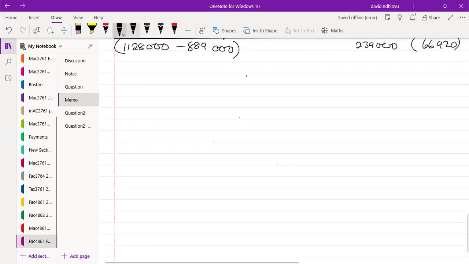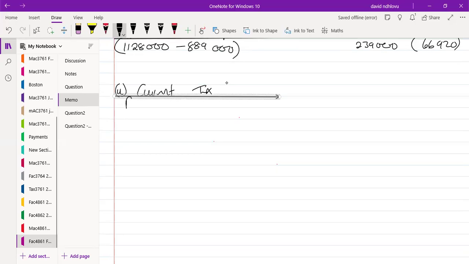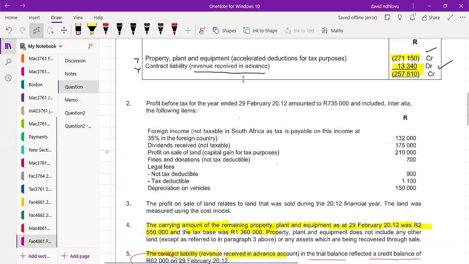Yes. Right, then we go to calculation number 2, current tax. To calculate the current tax, we always start with the usual profit before tax amount. We go to the question, the profit before tax is given.